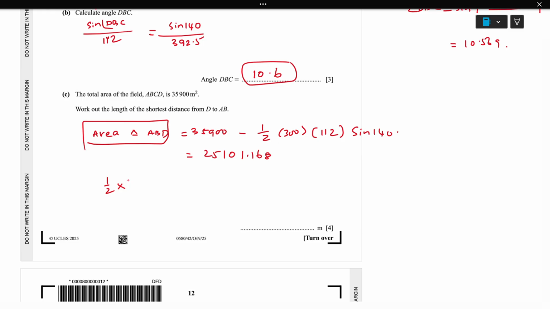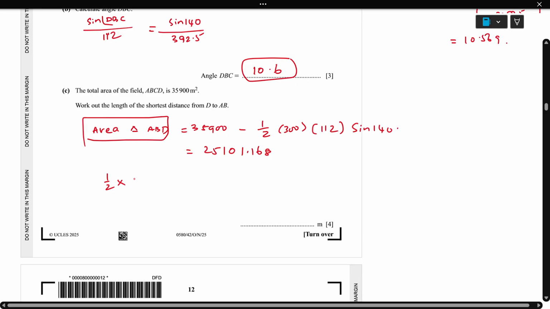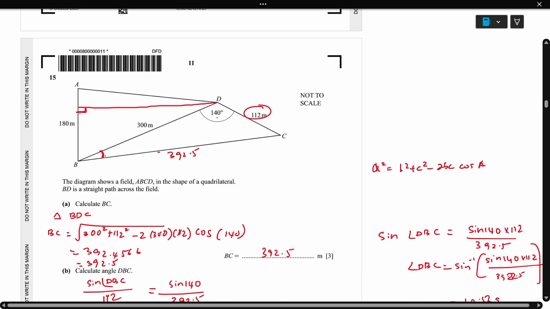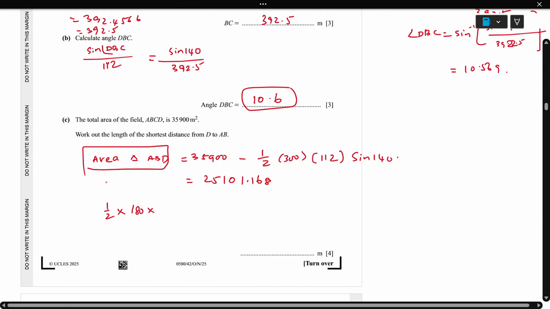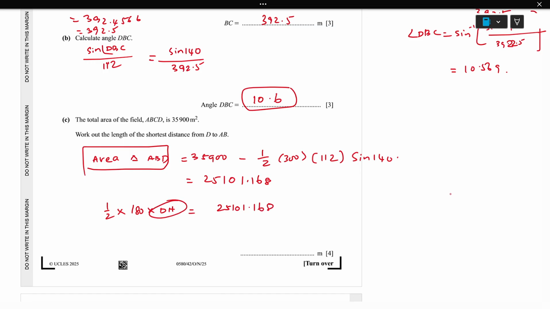Now we apply this: half, the base is going to be 180, times the height. I'll take H here, so DH equal to 25101.168. We want to find only this length DH.